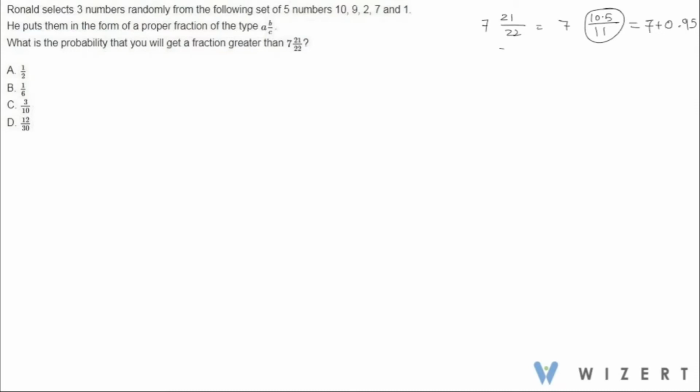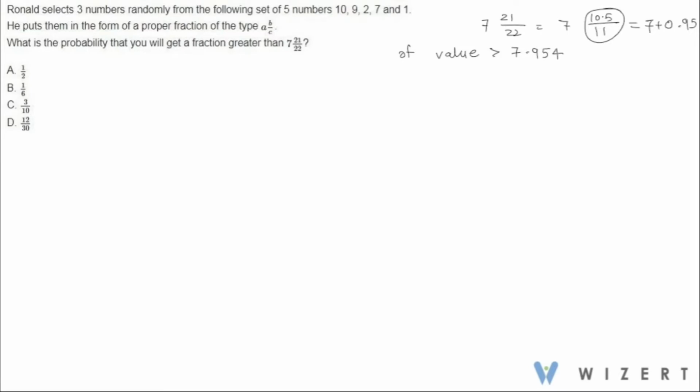So we need a proper fraction in A integer B by C form which has a value greater than 7.954.